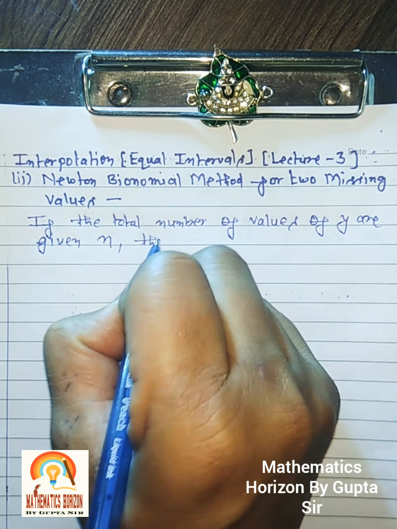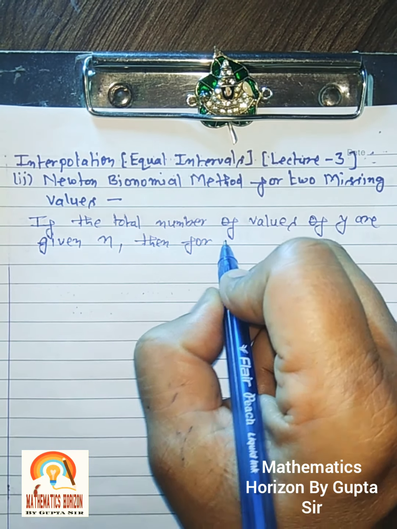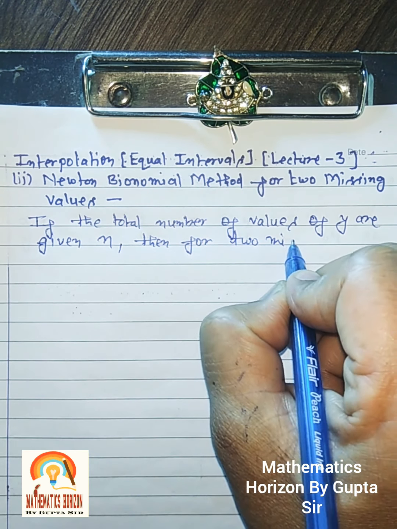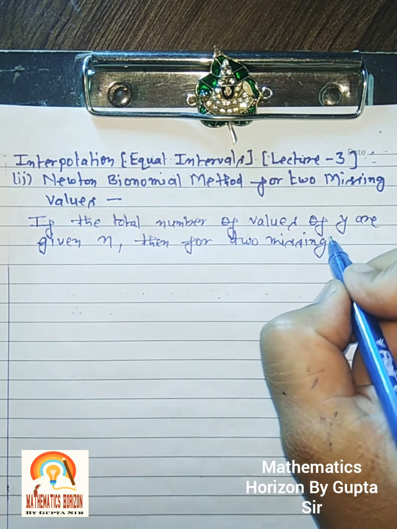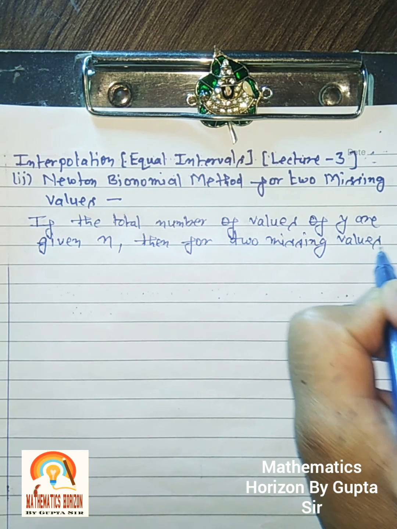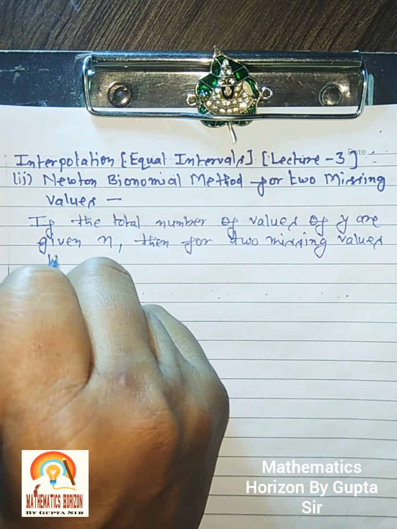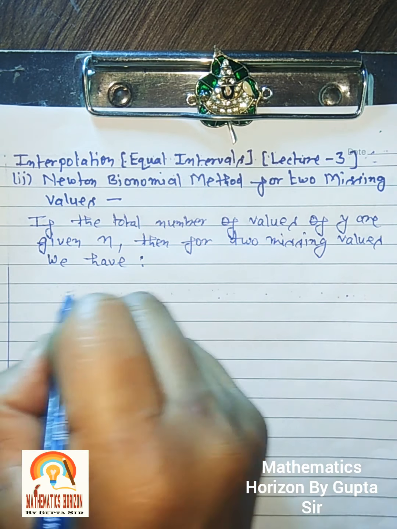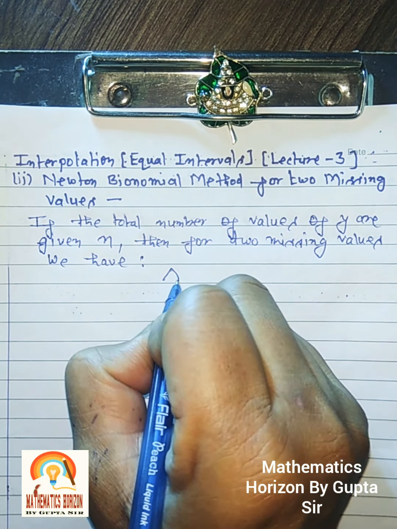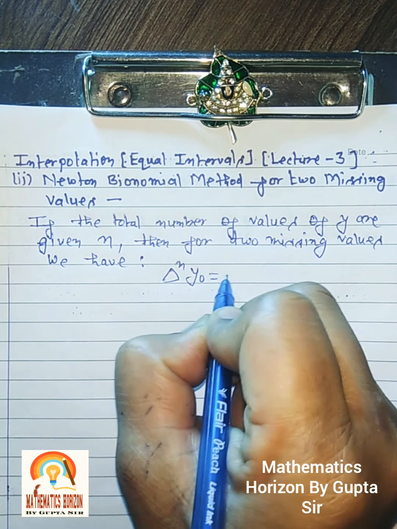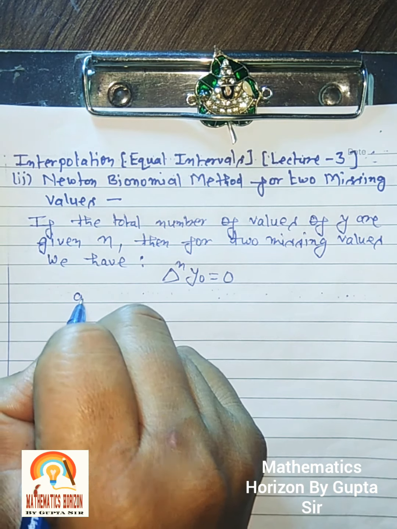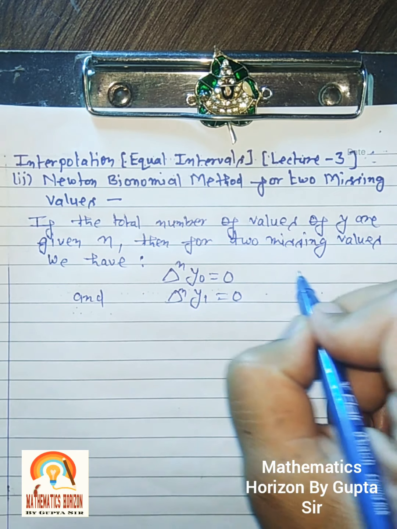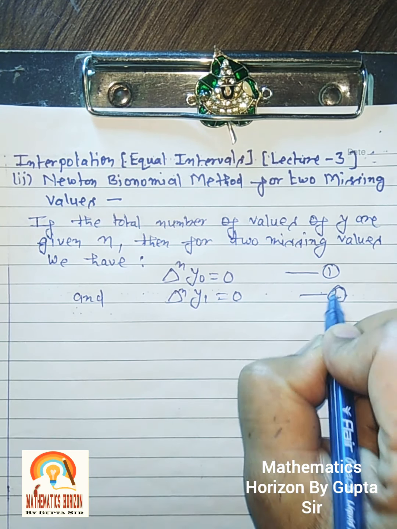Then for finding out the two missing values, we have the formulae del n y0 equal to 0 and del n y1 is equal to 0. This is equation number 1 and this is equation number 2.